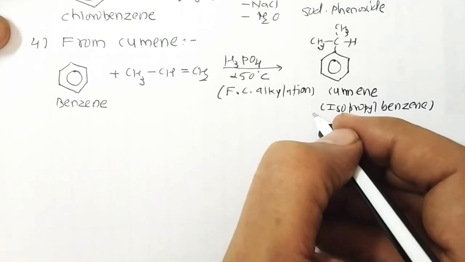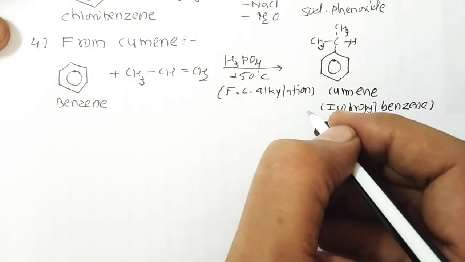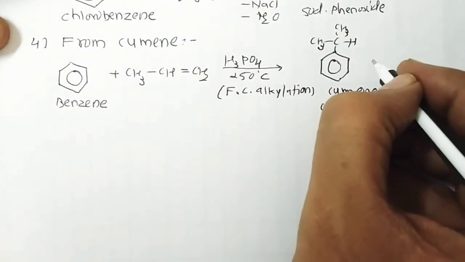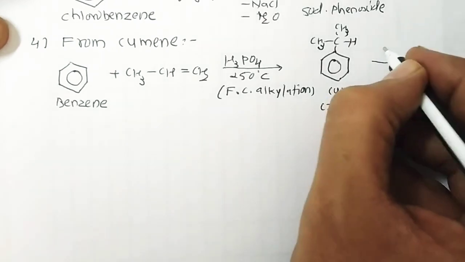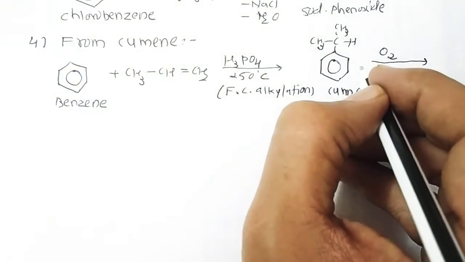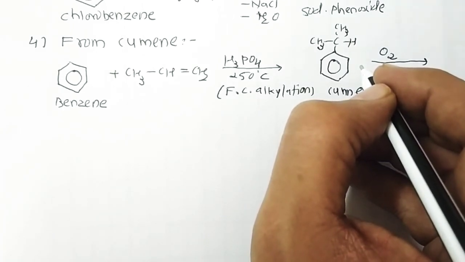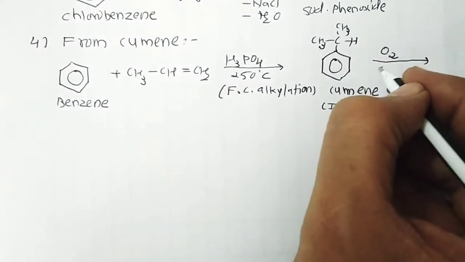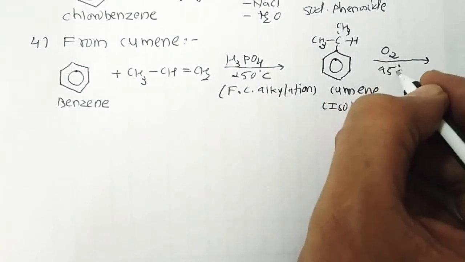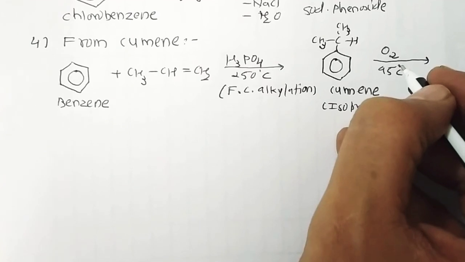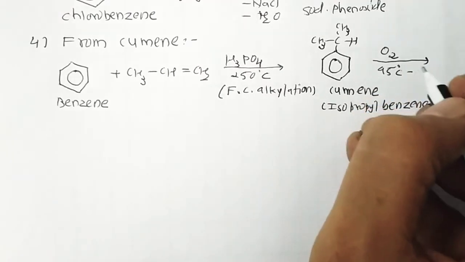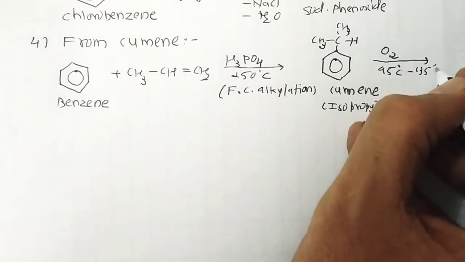Now this isopropyl benzene undergoes aerial oxidation, with the help of O2, at near about 95 to 135 degrees centigrade temperature.